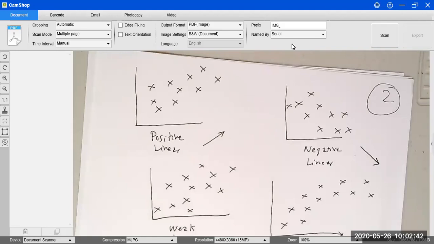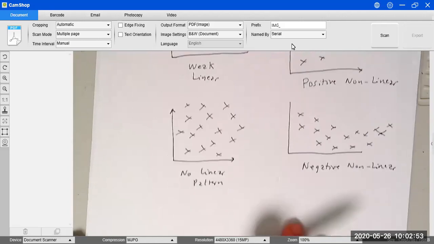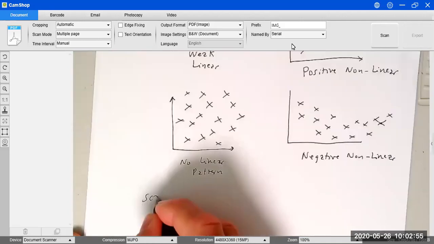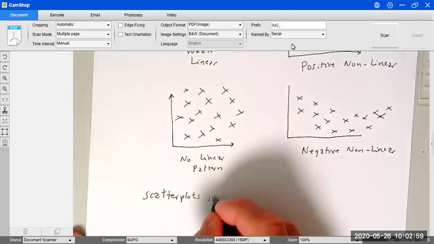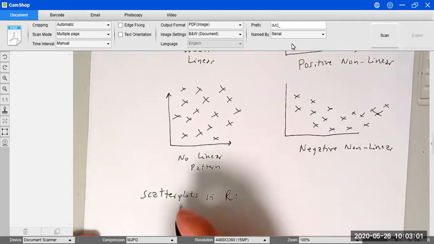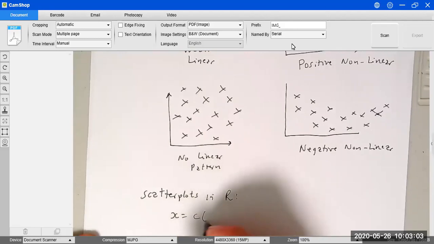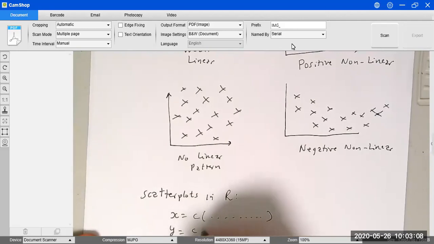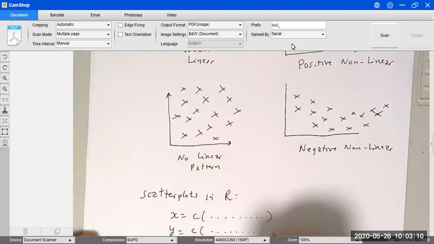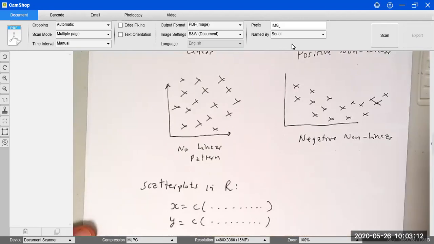So we're going to use then a function in R to find that out. So for our scatter plots in R, we need to enter the X values and the Y values in the same way that we have been doing that for any variable.